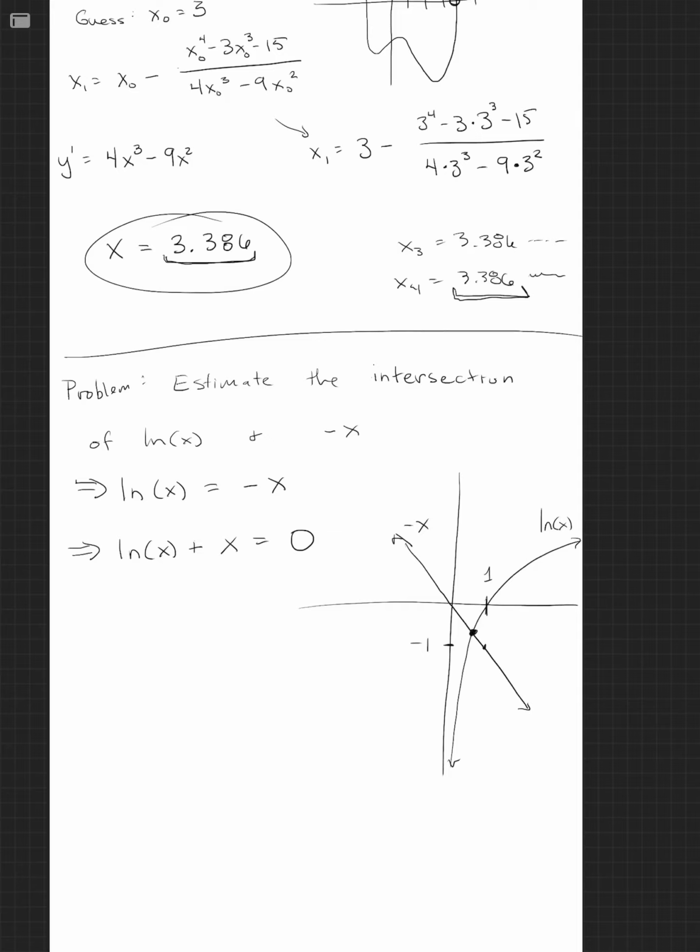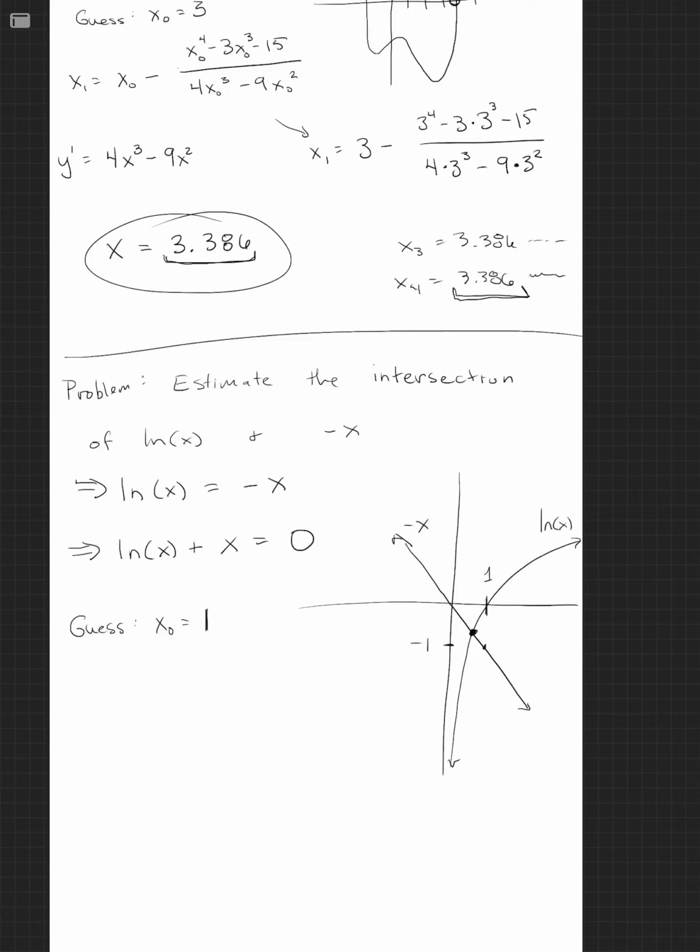Right, so I can see they're going to intersect right about here, which I know is a little bit less than 1. Right, it's in between 0 and 1 at least. And I can't plug 0 into this function, so my guess is going to be having x naught equaling 1.